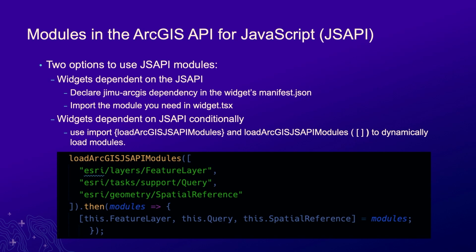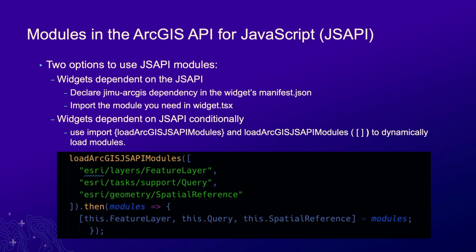Widgets that depend on the JS API, so like a widget that can almost do nothing without the JS API. You're going to declare that JIMU ArcGIS dependency in the widget's manifest JSON, and then you're going to import the module you need. For example, if you did something like import query, then you would do the require for Esri task support / query in your widgets.tsx.